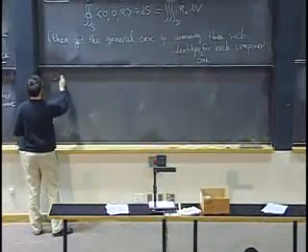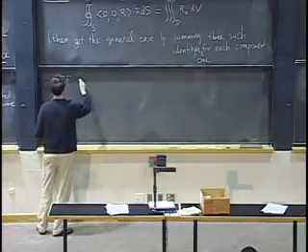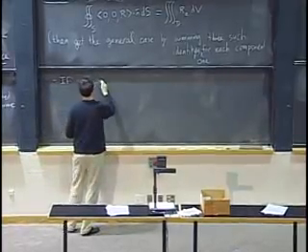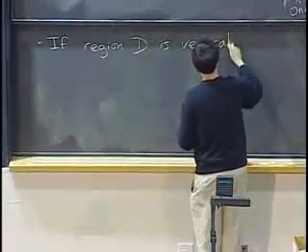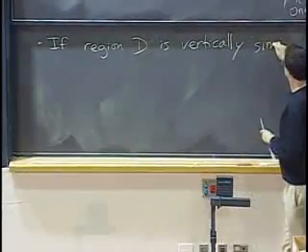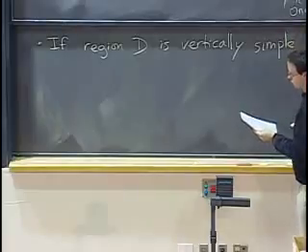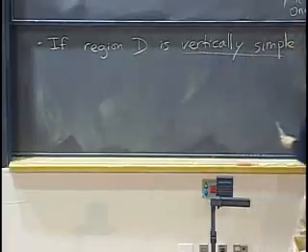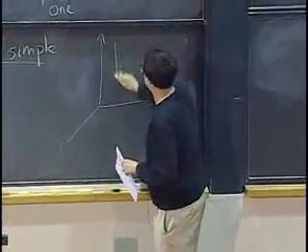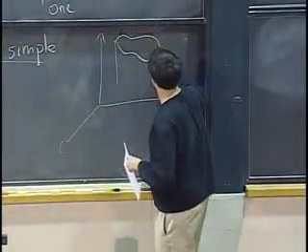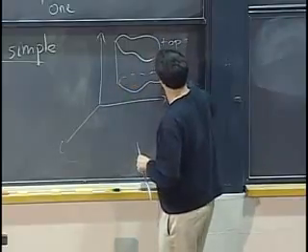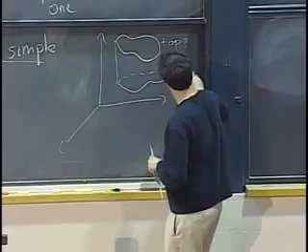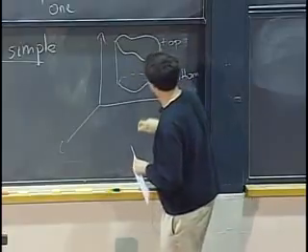Let's look first at what happens if the given region D is vertically simple. Vertically simple means it looks like this: it has a top, it has a bottom, and it has some vertical sides.